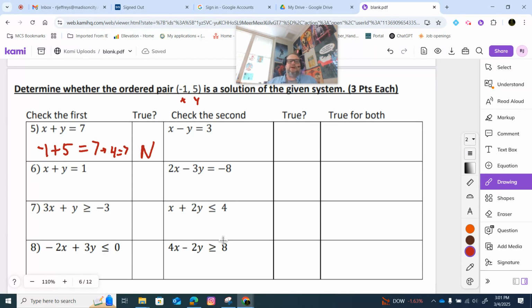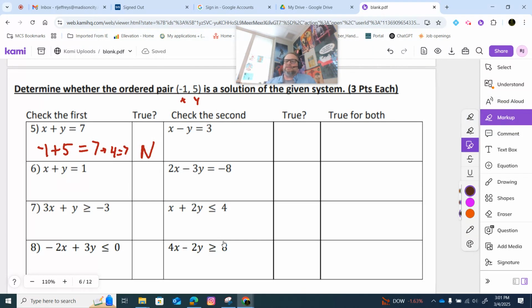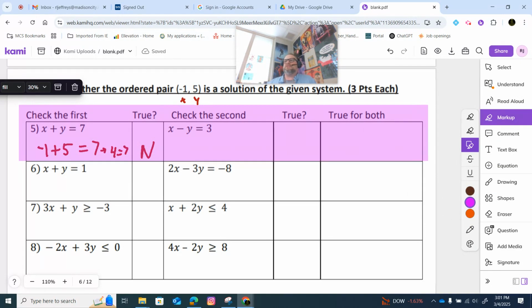Now, this whole thing, when it says 3 points each, the row is 3 points.